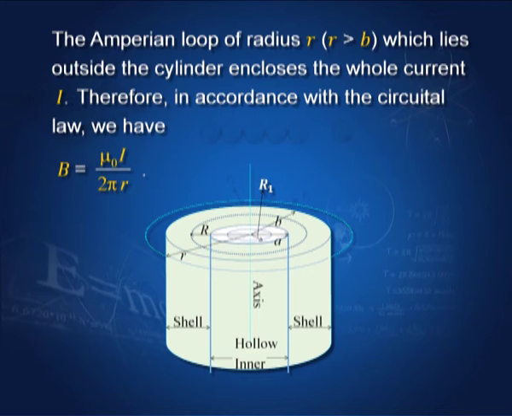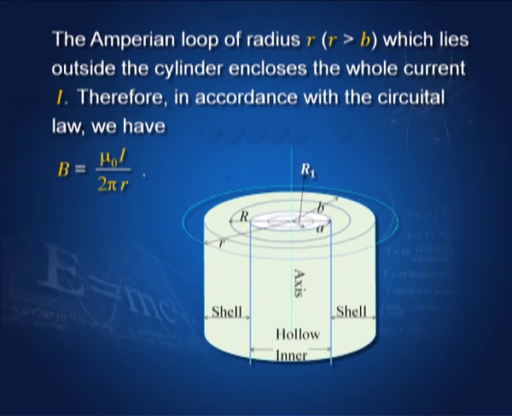Within this circle, the whole current I is included, and therefore, we simply have 2 pi r times B equal to mu 0 I, or B equal to mu 0 I by 2 pi r. And we can now see that this expression mu 0 I by 2 pi r gives us at the surface the same field as the expression we found for the shell. This is easy to verify and you can do it.